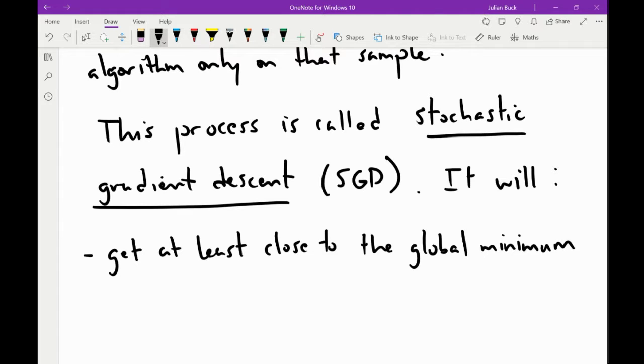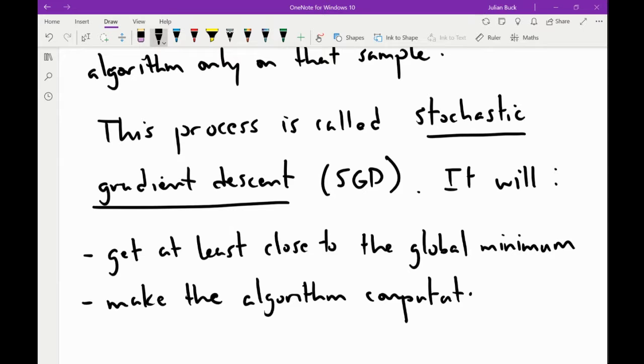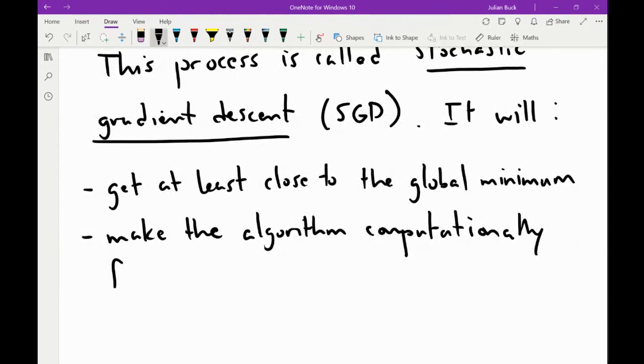The other nice thing about it is it will make the algorithm computationally faster, because we don't have to run it on as much data.